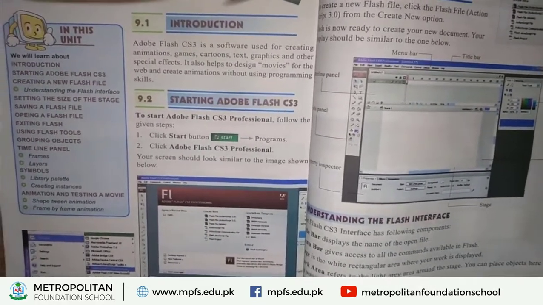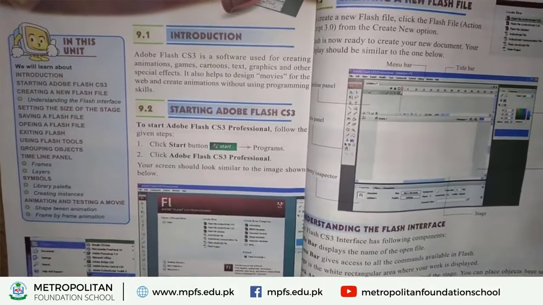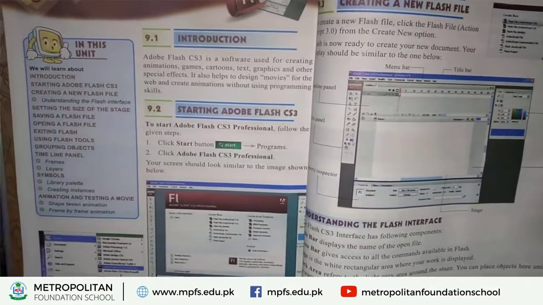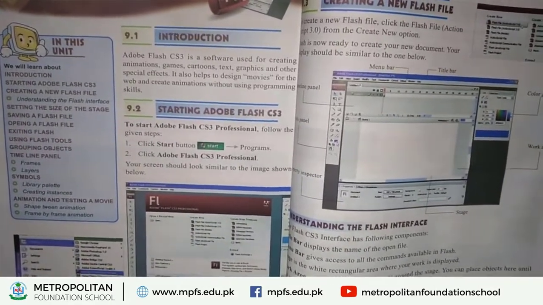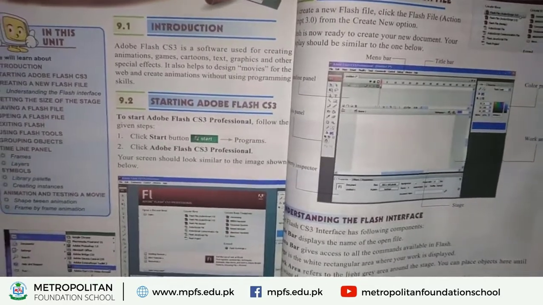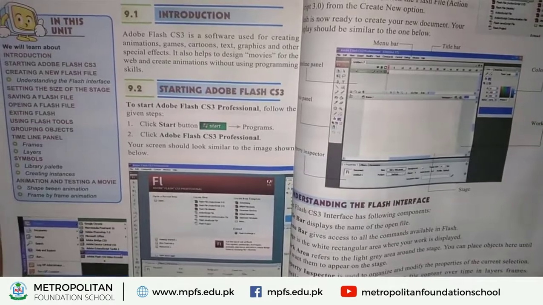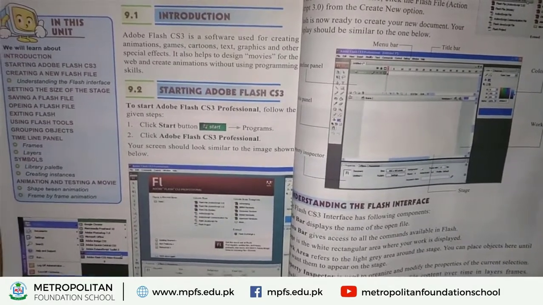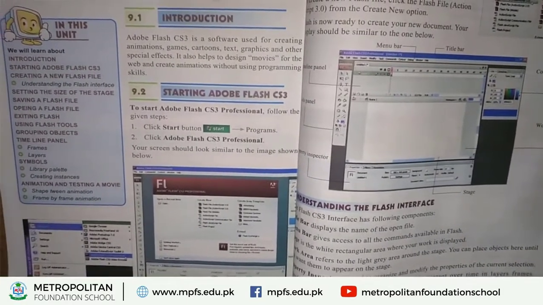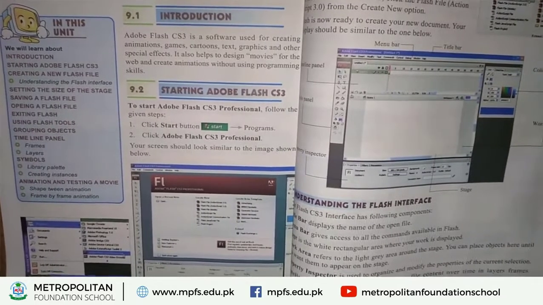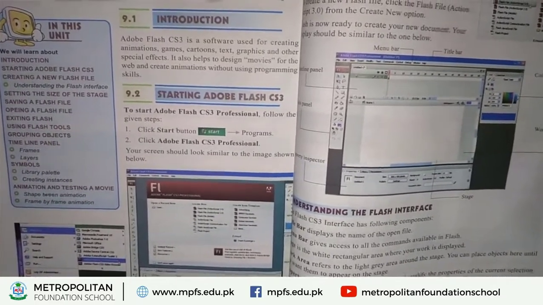Adobe Flash CS3 is the software used for creating animation, games, cartoons, text, graphics and special effects in your movies as well as your games and cartoons. You give animation in characters and different shapes.